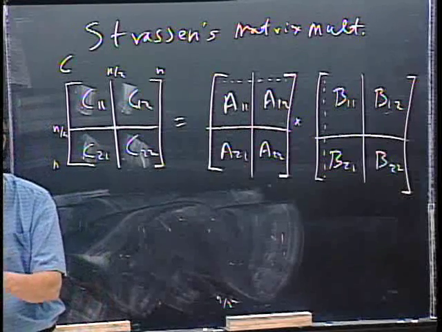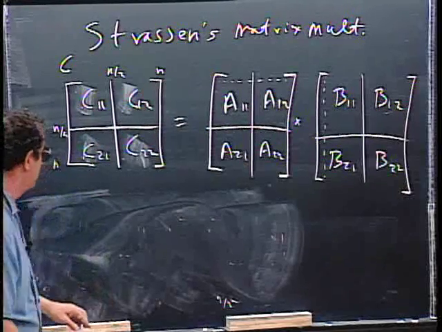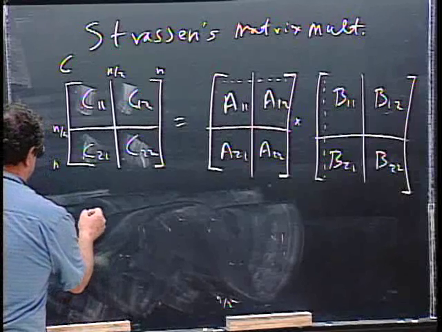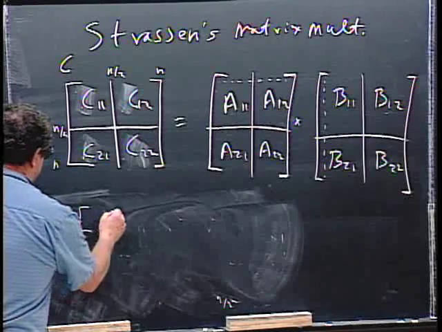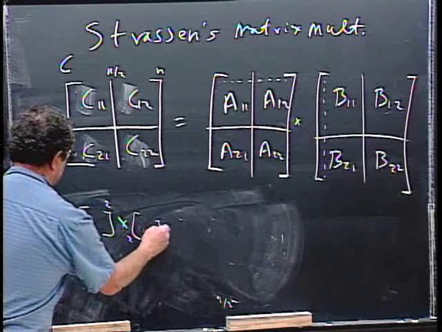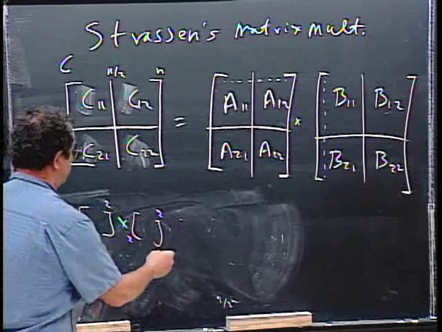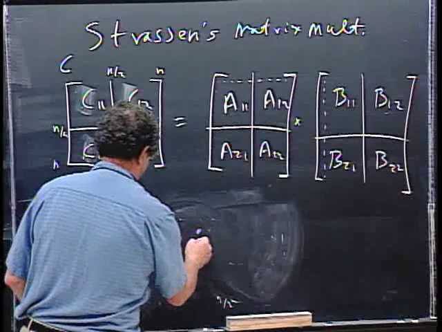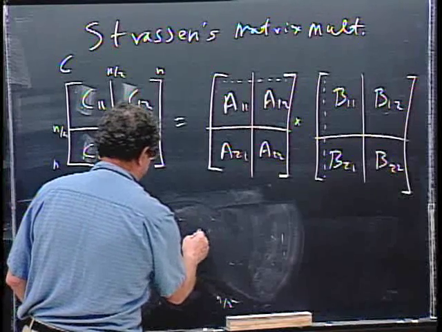By the same kind of recursive division. Ultimately, we get down to a case of, well, you can either think of it as a 2 by 2 times 2 by 2, or you could think of it as a 1 by 1 times a 1 by 1, which is just a single number.